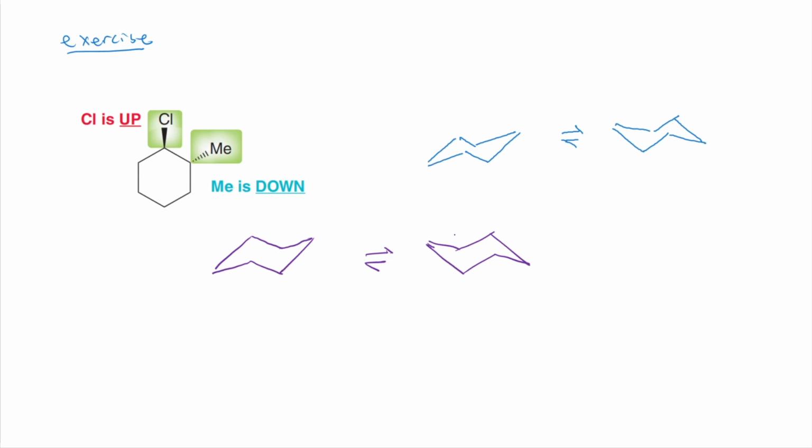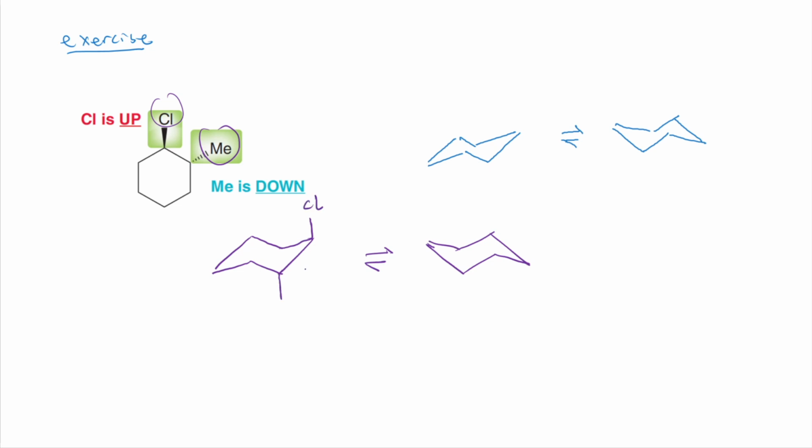And now we want to try to put this chlorine and methyl group onto our chair conformation. So for this one, the chlorine is facing up, so we want to put chlorine here. And then the methyl group is facing down, so we want to put the methyl group here.